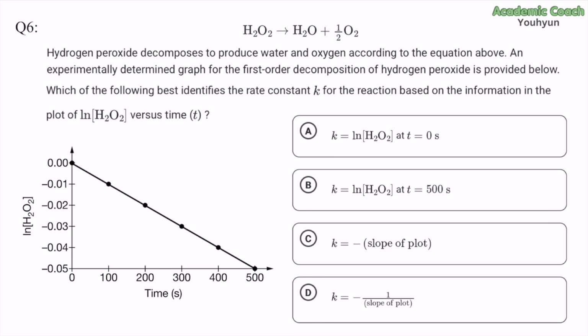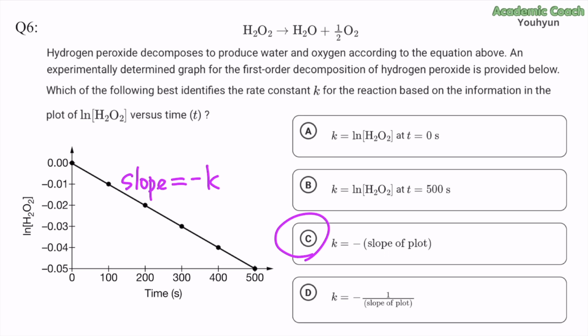So first off, it shows a linear line when they plot the ln concentration over time. This means that this reaction is first order in hydrogen peroxide. And that also means that the slope of this graph would be negative K. That means K is negative of the slope. So C is the right answer.